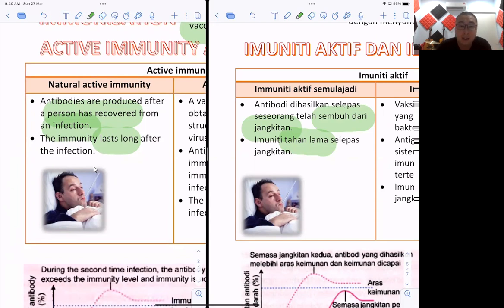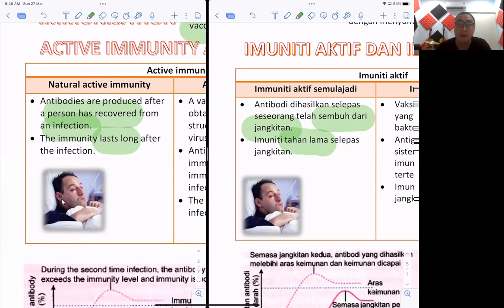Aside from COVID-19, the one that is very, very famous is your chicken pox. Chicken pox, aka in Chinese we call it 水痘. Most of you will get infected by this. For those of you that got infected by the chicken pox, most likely you will be immune from this disease for the rest of your life.